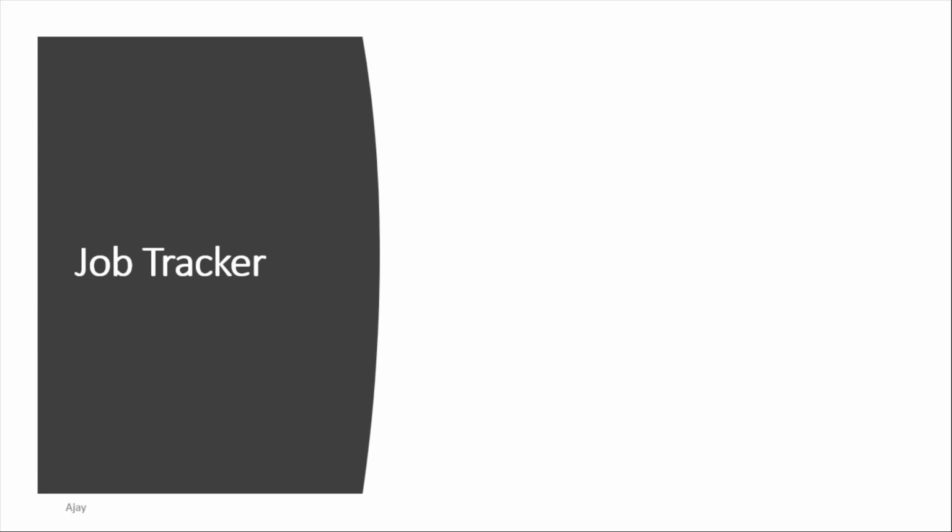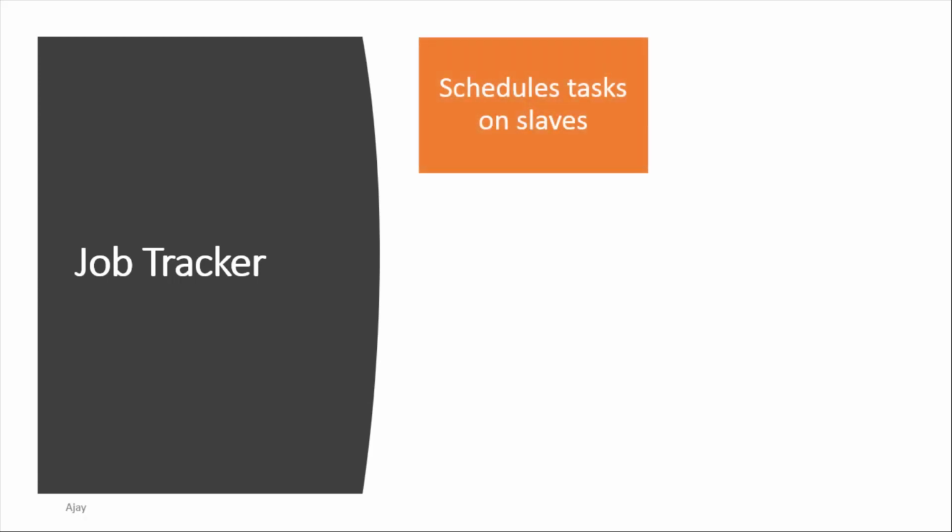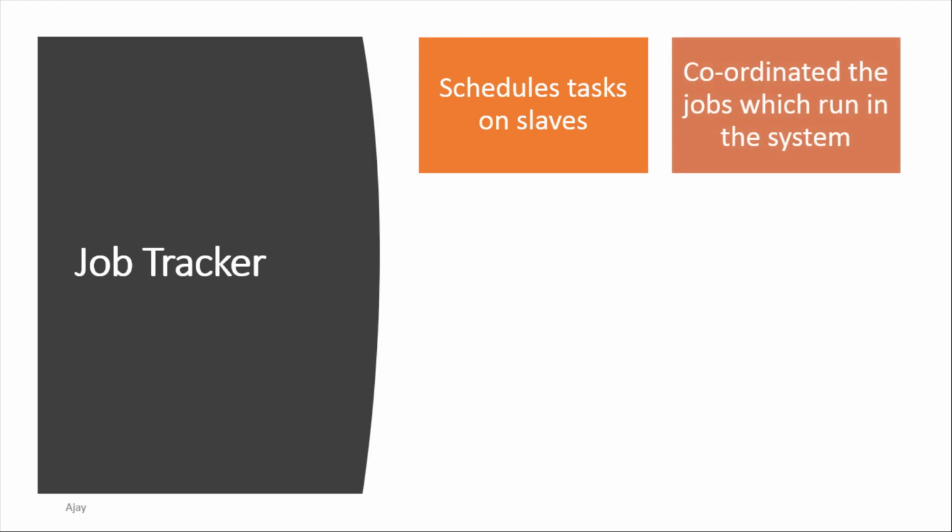Let's look at the duties and responsibilities of job tracker. It schedules tasks to be executed on slaves, which are the instructions to the task tracker. It is a very difficult operation since it needs to decide on the most optimized execution plan for the mapper and the reducer task based on the location of the data and the availability of the resources. Once the mapper operation is over, the reducer needs to be started.